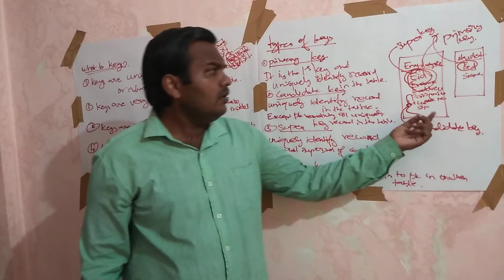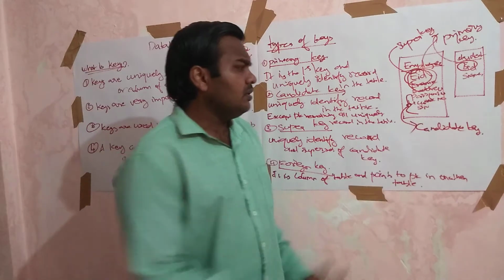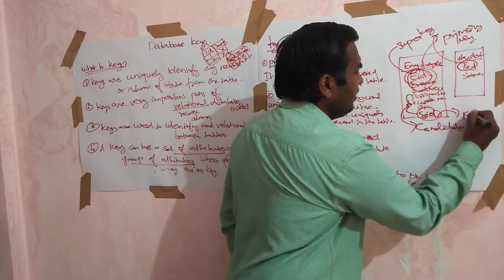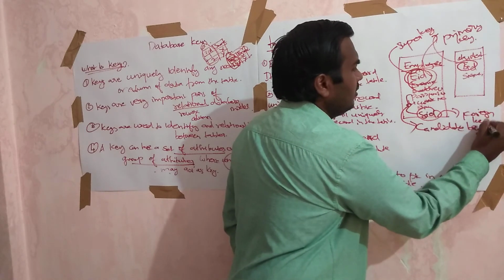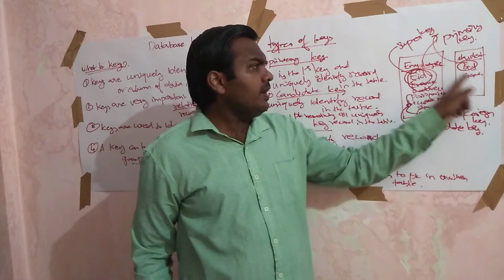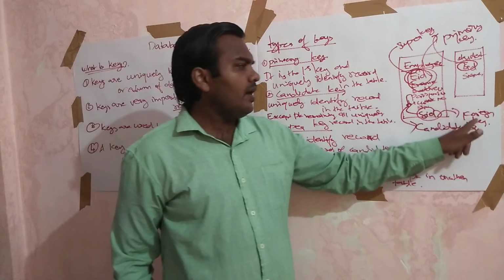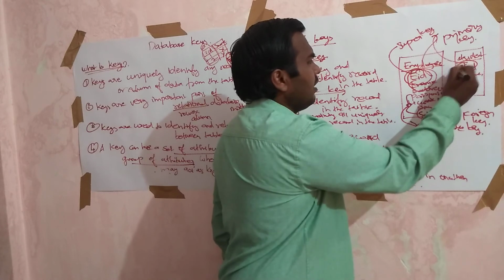In this example, I have SID in the student table, and I am using SID in the employee table. That is a foreign key, so it becomes a foreign key in this table. I am using the primary key SID in another table, so another table's primary key used as a column is a foreign key. So the primary key and SID are used to connect the two tables.